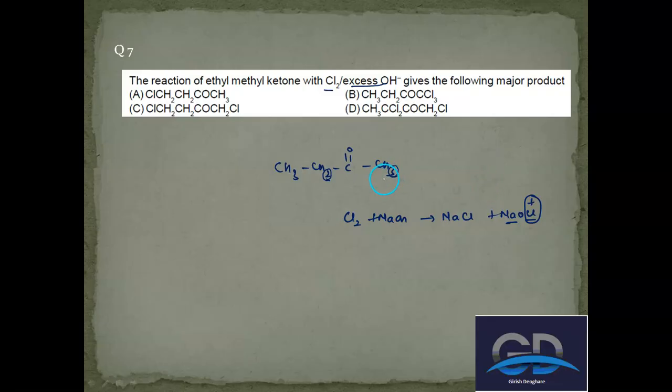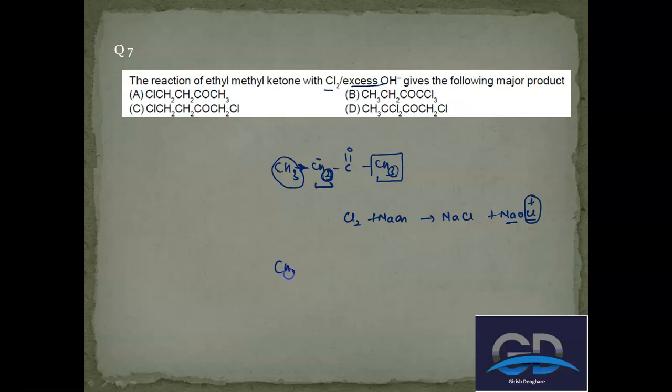Now we have to understand on which side the hydrogen is more likely to be replaced. We can see over here that due to this additional methyl group which has the plus I effect, this hydrogen will not be released easily, because if H plus goes, it leaves a negative charge, and this positive I effect would increase the charge. So the left hand side alpha hydrogen will not be replaced, only the right hand side would be replaced.